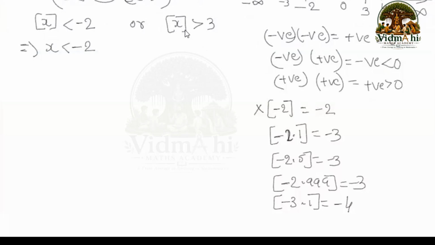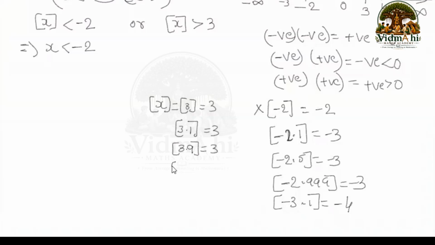Now observe here, greatest integer value should be greater than 3. For example, what is greatest integer of 3? 3. What is greatest integer of 3.1? 3. What is greatest integer of 3.9? 3.